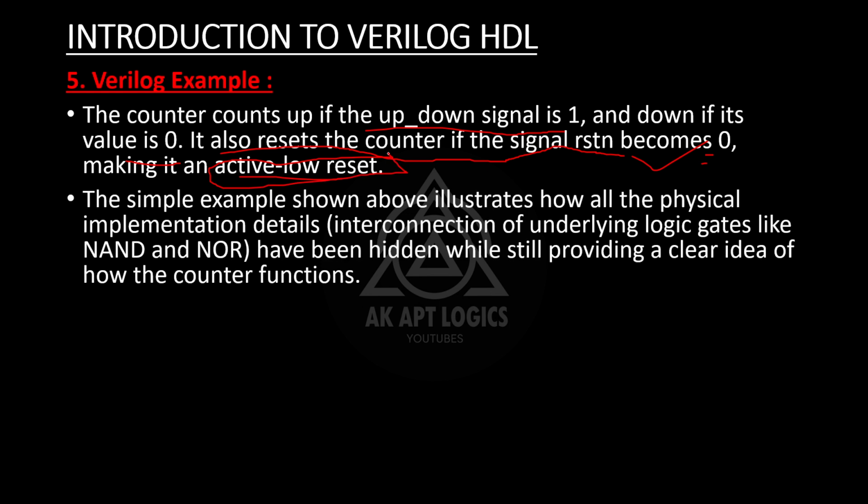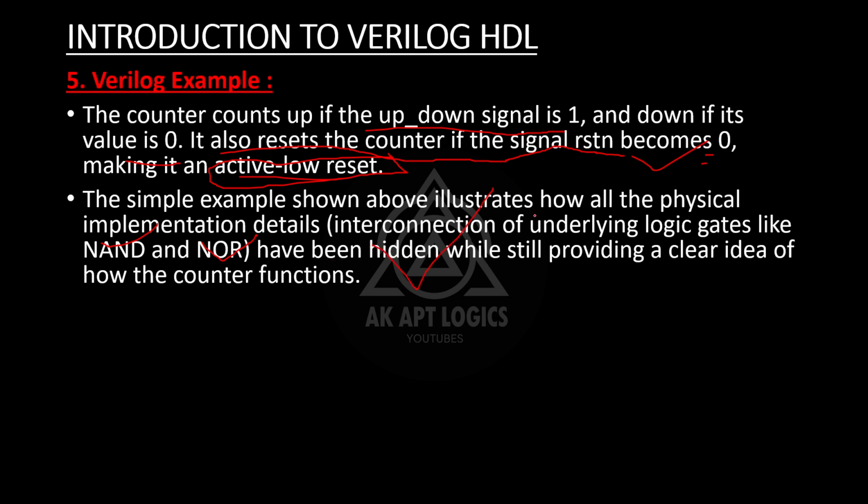The simple example shown above illustrates how all the physical implementation details, the interconnection of underlying logic gates like NAND and NOR, have been hidden while still providing a clear idea of how the counter functions. So this is the point I'm discussing so many times, right? We don't need to know how the NAND and NOR gates are internally connected. Those are hidden, right?